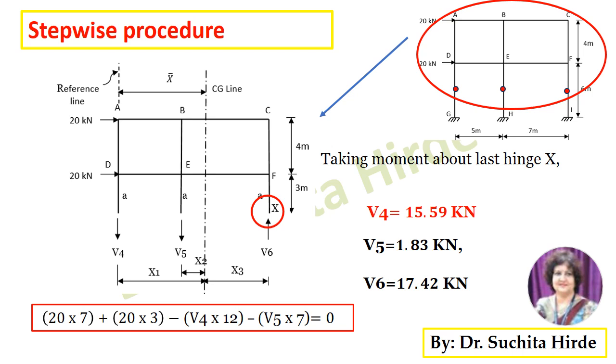So finally we get the axial forces in the column of the bottom story. V4 is 15.59 kilonewton. Then using the relation we can calculate V5, which is equal to 1.83 kilonewton, and V6 is equal to 17.42 kilonewton.